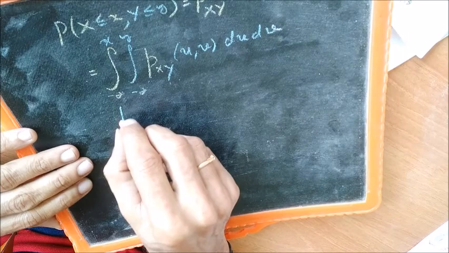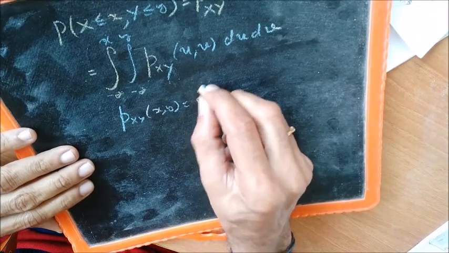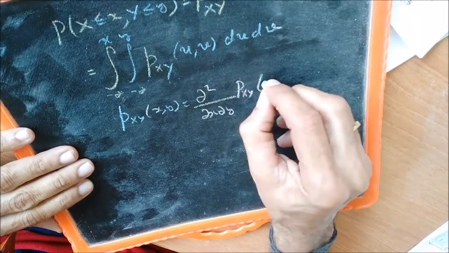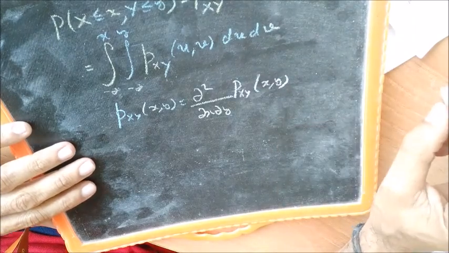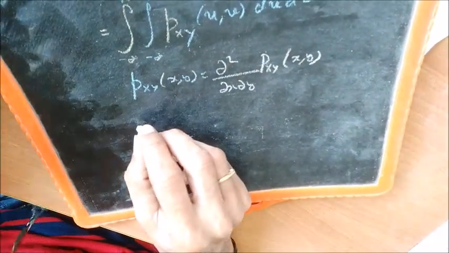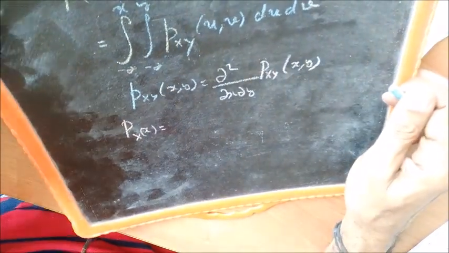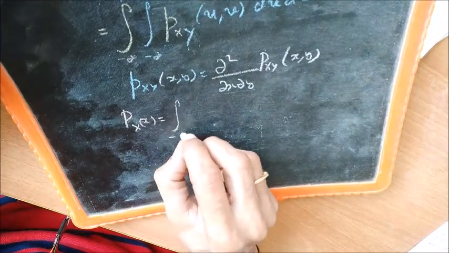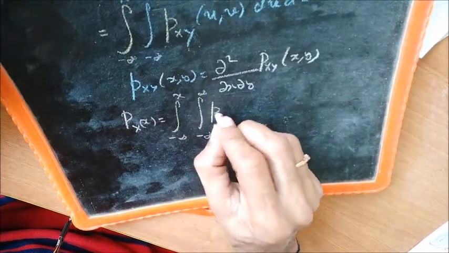And of course the joint PDF can be computed through a second derivative of the probability distribution function, and of course you can get the distribution function of one of the random variables from the joint distribution function through this operation.